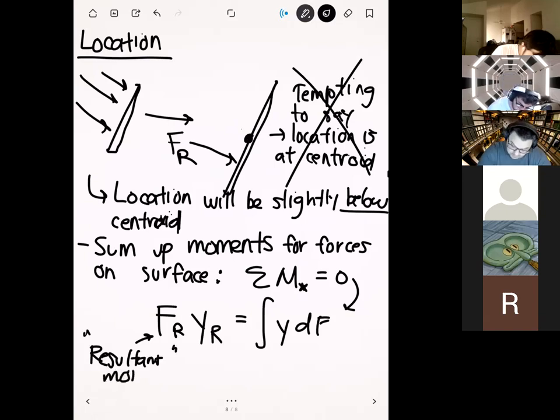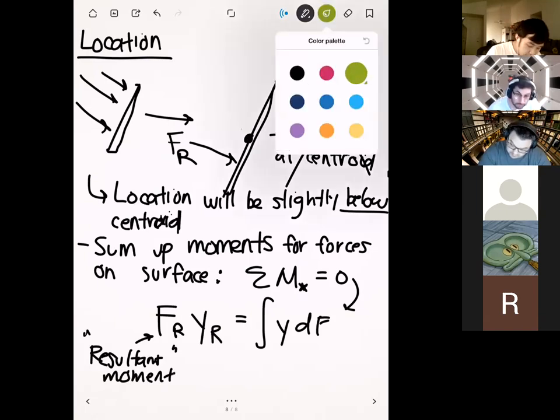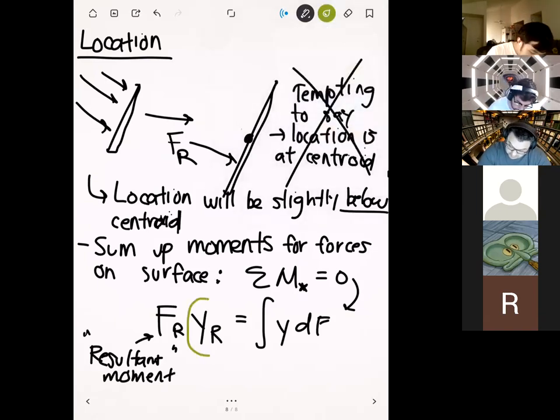The resultant moment is the product of the magnitude of our force, FR, which we've already solved for, and YR, which is the one we're going to be looking for. This is the location of the resultant force.